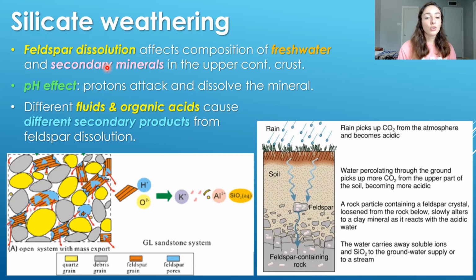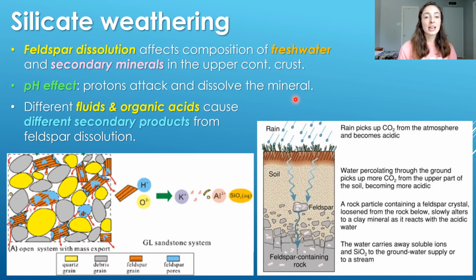So feldspar, which is a really common felsic mineral, heavily affects the composition of freshwater and secondary minerals in the upper continental crust. And so whatever ions are going to dissolve out of the original primary feldspar phase are going to go into the freshwater that they are dissolving into, and the secondary minerals will be whatever's left over from the feldspar's dissolution. And so the things that affect feldspar dissolution are pH, because protons attack and dissolve the mineral.